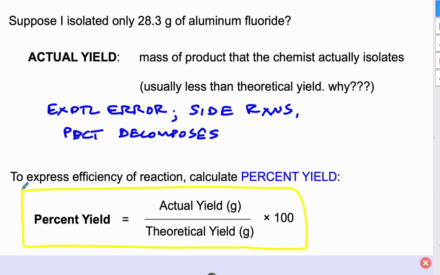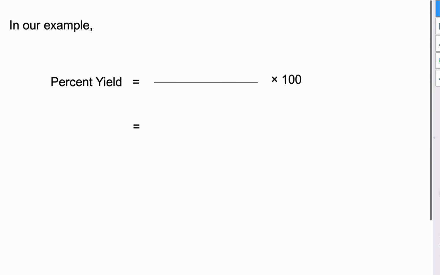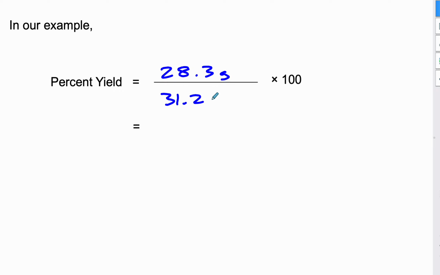And you can do this for any stoichiometry problem. So in this case, to calculate our percent yield, we actually got 28.3 grams. We expected 31.2 grams. These are measurements, so they have significant figures, and that gives me a percent yield of 90.7%, which is generally considered to be pretty good.